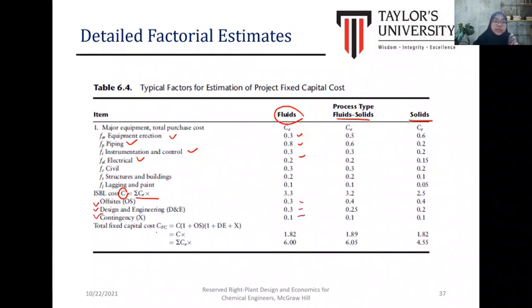Okay, the total fixed capital cost can be obtained using this equation, based on the cost of the outside design and also the contingency, or you can multiply with this factor. And also to be more accurate, you may also consider the cost of the fixed capital based on the summation of the major equipment times its factor listed here. We have listed the factors here based on the processing plant.